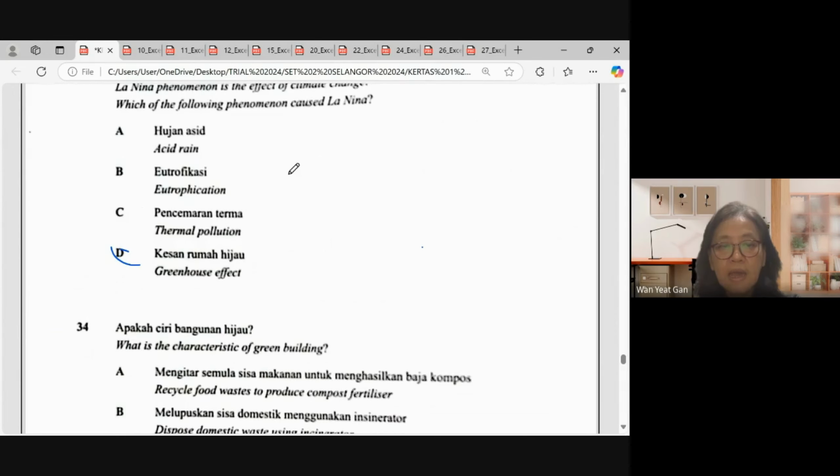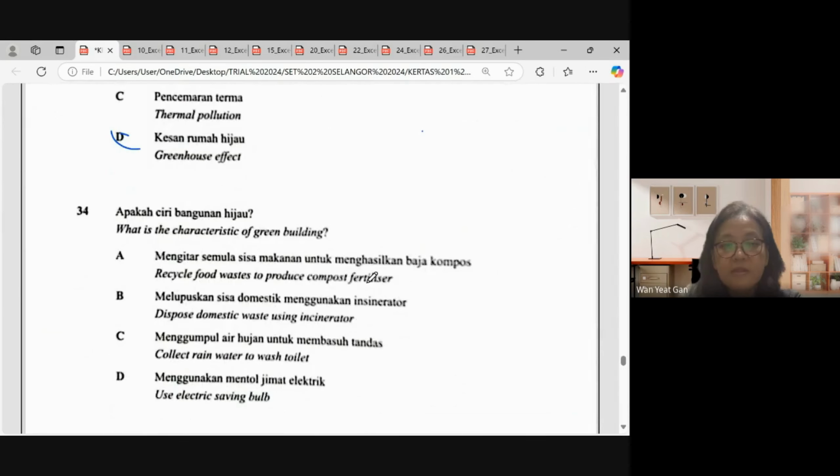The greenhouse effect is caused by the high concentration of CO2 gas, which traps heat, and this causes warming of the Earth's atmosphere. The warmer Earth atmosphere causes the greenhouse effect that leads to climatic change. One example of such a phenomenon is La Nina, which is heavy downfall of rain.